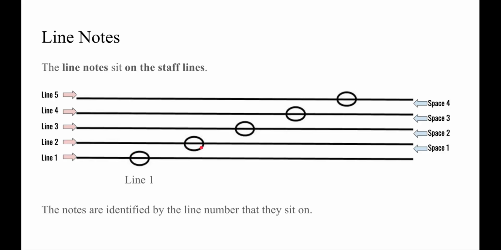And since this note sits on line 2, we would call the location of this note line 2. I will bet you know what we will call this one then. Line 3, then line 4, and line 5. And again, this is how you identify the location of the line notes.